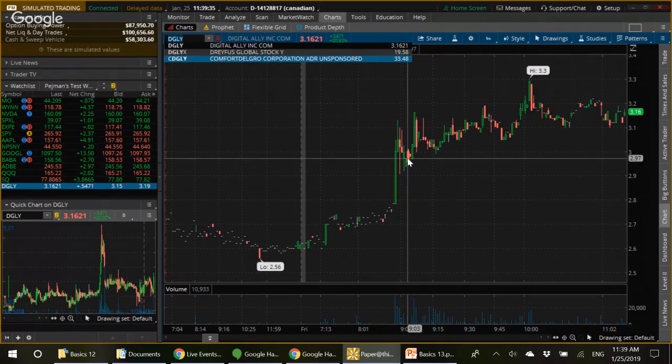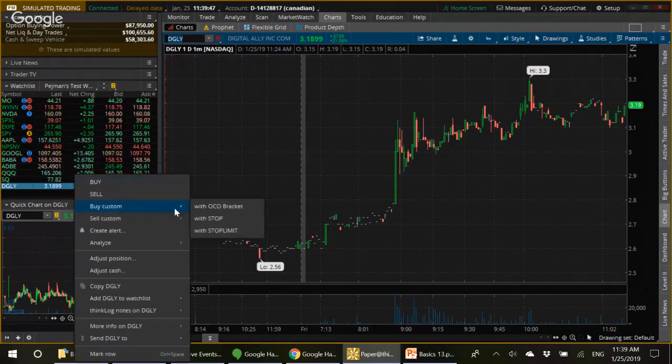Regardless, what we want to teach you in this slide is not the right moment to go in, but the tool by which you can scalp a few cents off of this stock. So we're going to buy custom, buy with OCO bracket, which is an OTO, OCO, a type of advanced order.